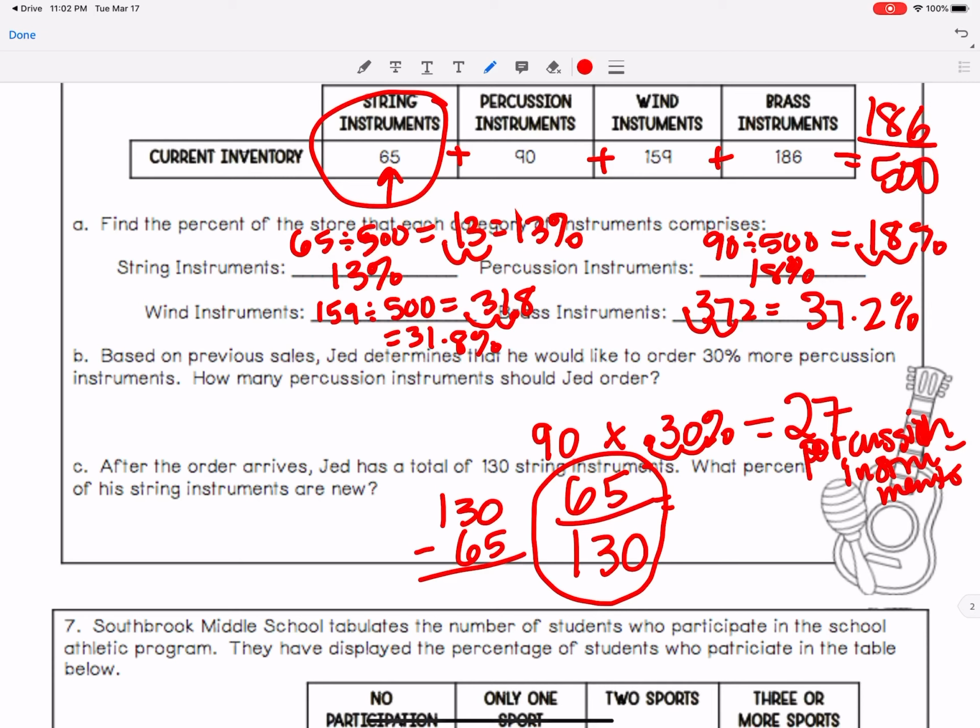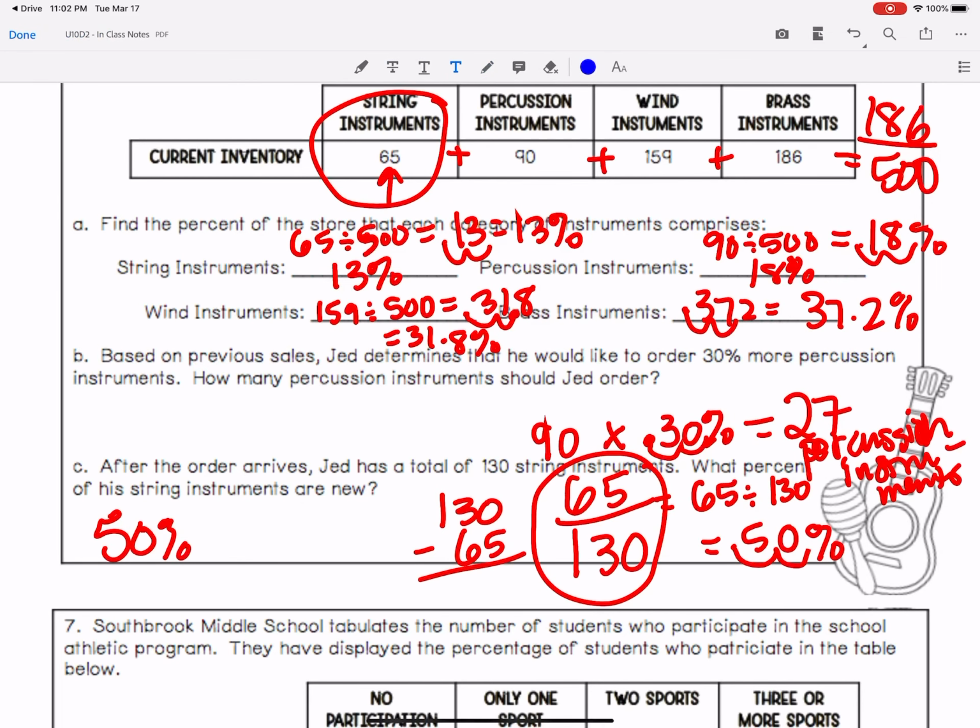Let's go ahead and type that out. All you're going to do is 65 divided by 130, which gives me 0.5. If I were to figure out what that is in a percentage, I would move my decimal 2 places to the right. So that gives me 50%. So I would just write here for my answer, 50% of his string instruments are new.